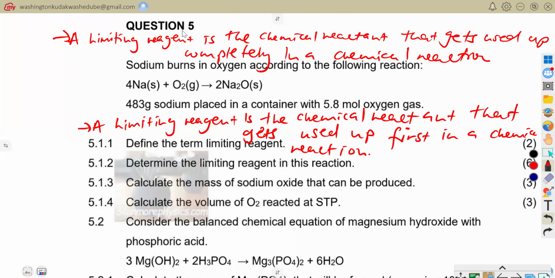Once it's used up, the reaction stops. That's why we are calling it limiting.